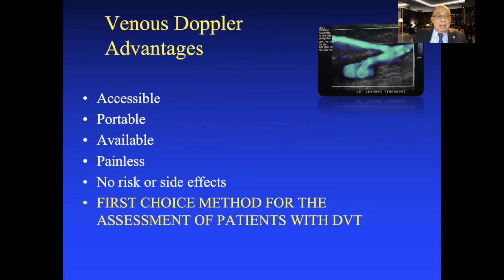But it has very good advantages. It is accessible, portable, available, painless, with no risk or side effects because it has no radiation. And the take-home message is that it is the first choice method for the assessment of patients with deep vein thrombosis.